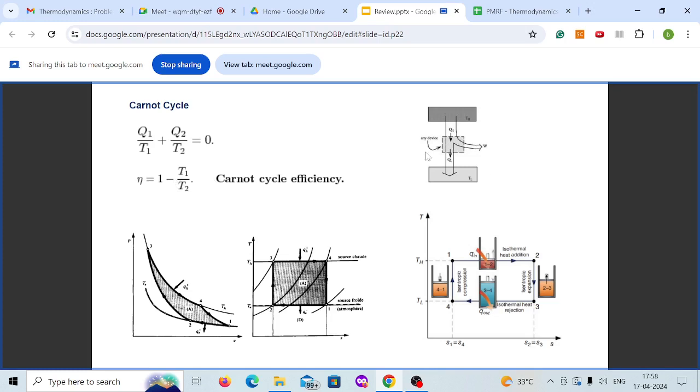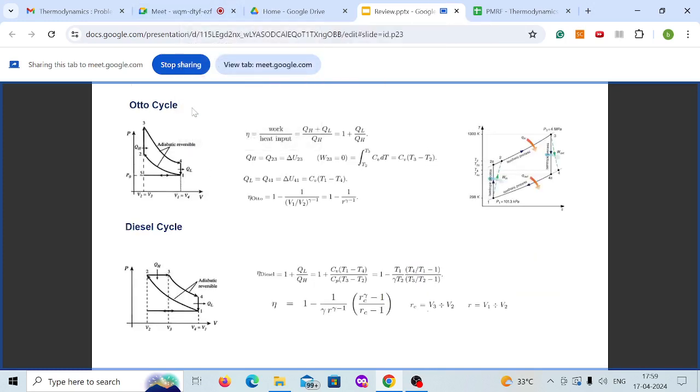Your desired output is work, so W by Q1, and W can be written as Q1 minus Q2. Then we ultimately end up with this expression, 1 minus T2 by T1, for the Carnot cycle efficiency. This is the maximum efficiency you can get, and the Carnot cycle applies at any temperature level. If you run multiple Carnot cycles between the same temperatures, each will have the same efficiency, irrespective of the fluid. You don't care what fluid it is; it only depends upon the temperature levels.